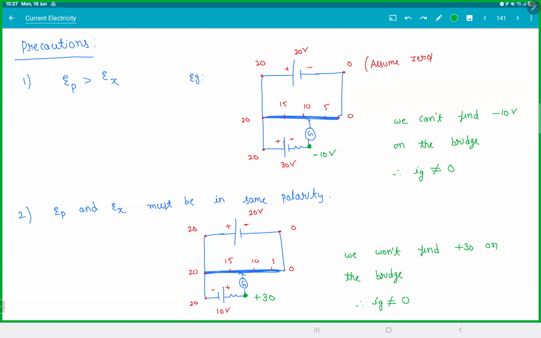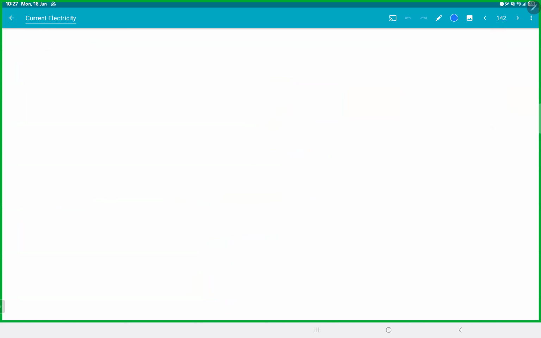The third precaution is the most important one. The R naught, which is the resistance of the potentiometer wire, must be much, much greater than R primary.